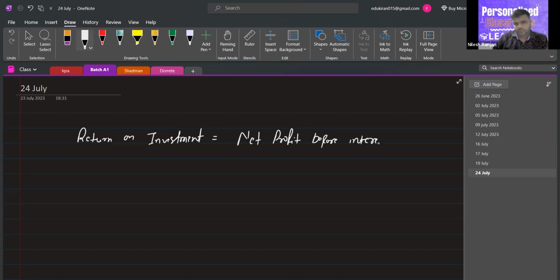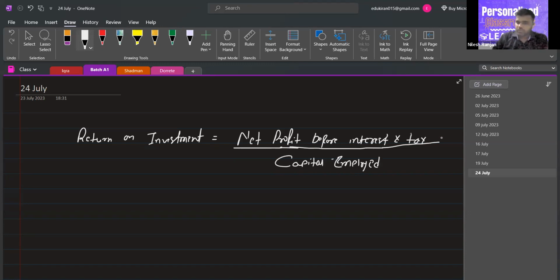Sir, I got 76.9%. Okay. So net profit before interest and tax divided by capital employed into 100. This is the formula.